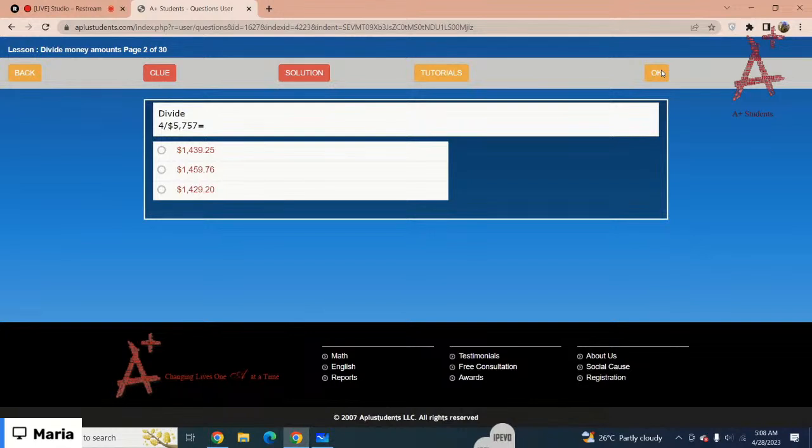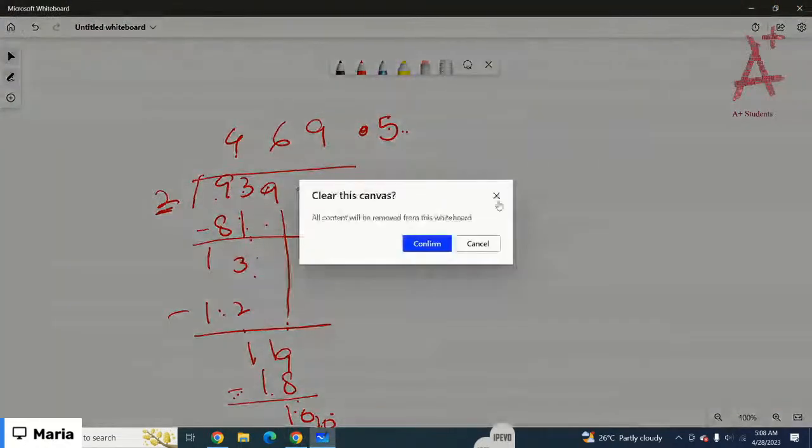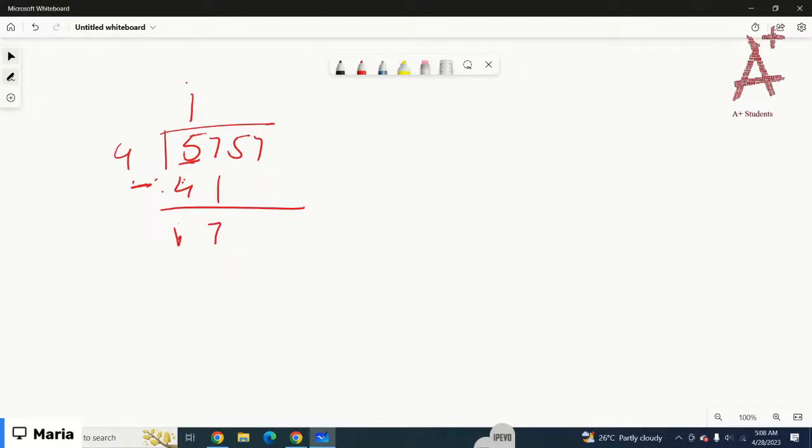Okay, the next one is 5,757 divided by 4. Let's just do it on the board. 5,757, and we have to divide it by 4. So let's start with the first digit. Here you have 5. We can go for 4 times 1 is 4. So 5 take away 4 is 1. Now bring the next digit down.